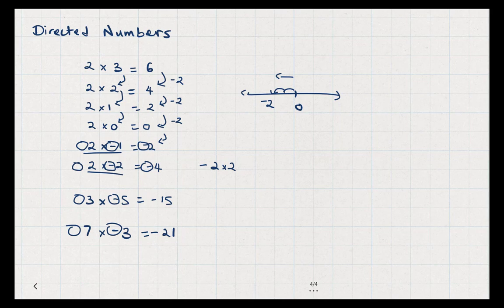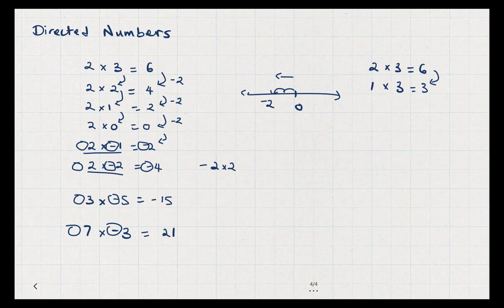As a matter of fact, I could do the pattern slightly different, and you'll see that the outcome will be the same. If I had 2 times 3, we already did that, that was 6. Now I'm going to change the first number, reduce it by 1. 1 times 3 is 3.